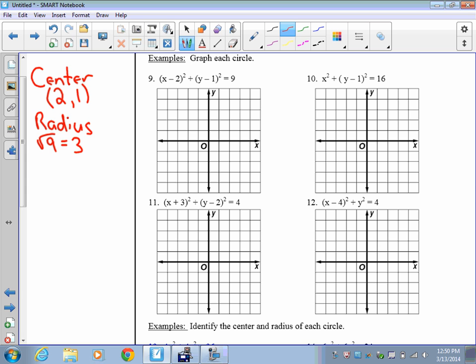So we graph the center, there's (2, 1), and then we can plot 3 points. Once we have those points, we have a circle, just like that.